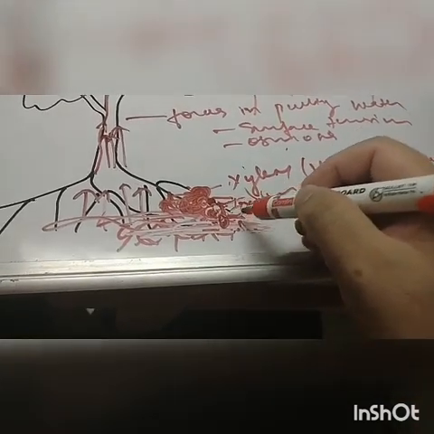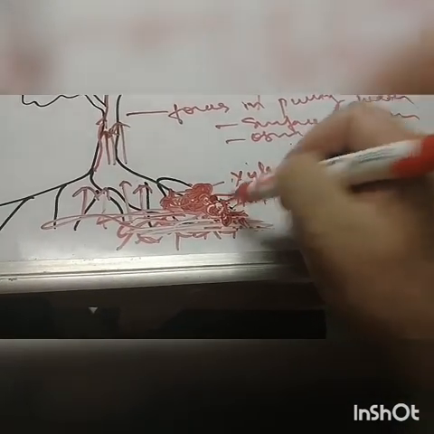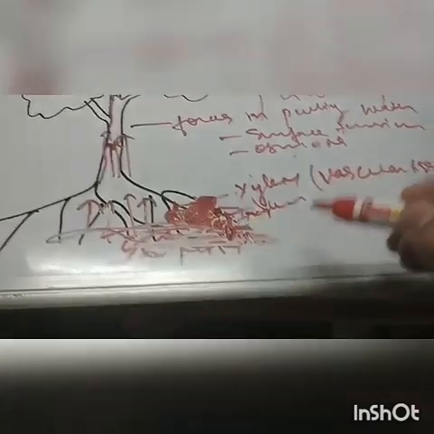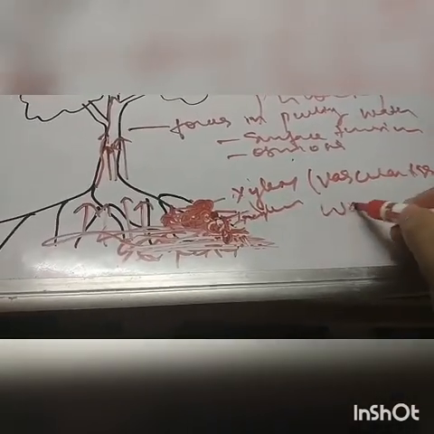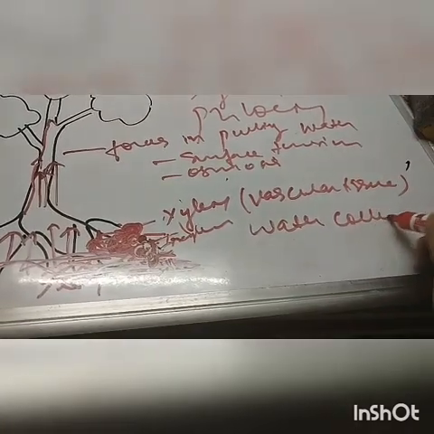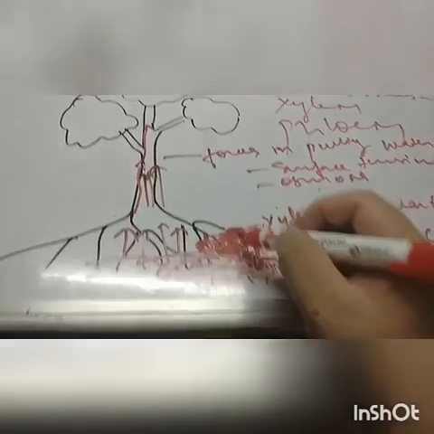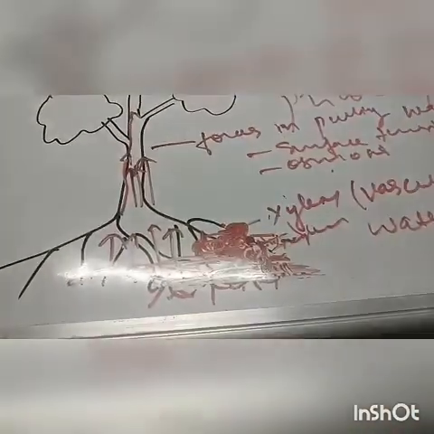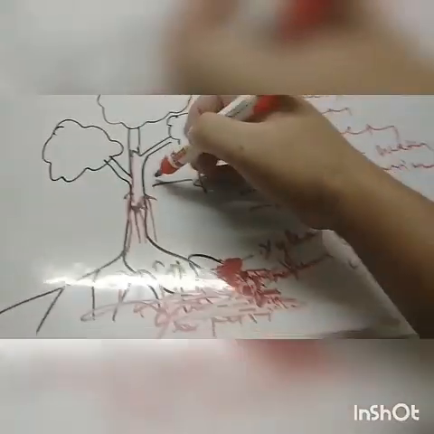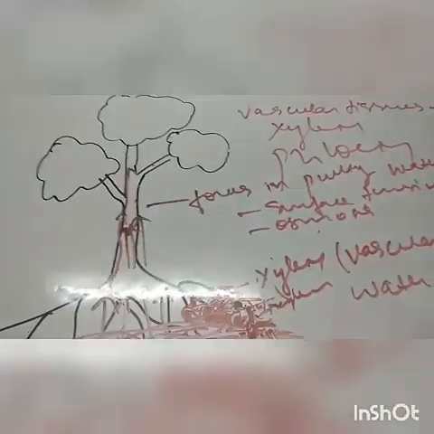There's a movement of water from the soil to the root xylem, and a water column is created here in the root xylem. After some time, it gets pulled upwards, into the trunk, the branches, everything.